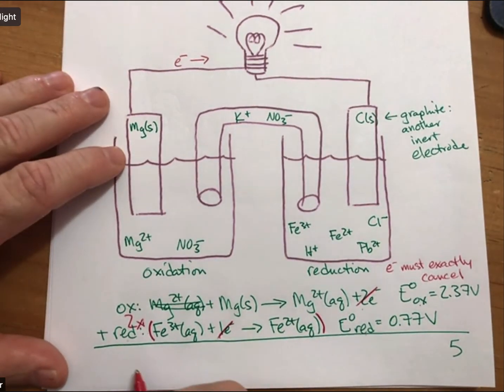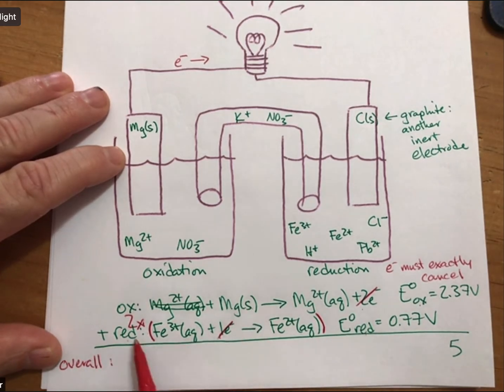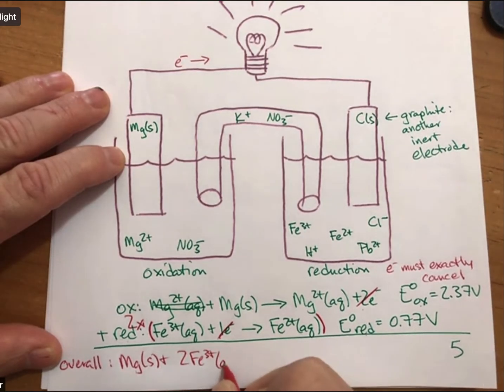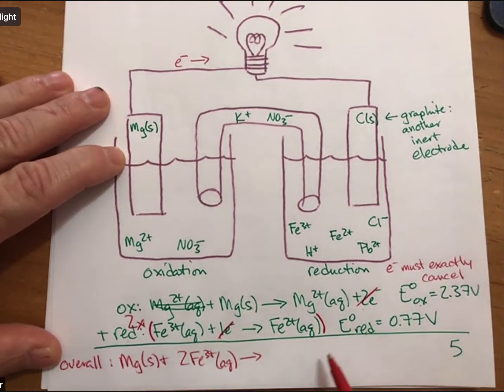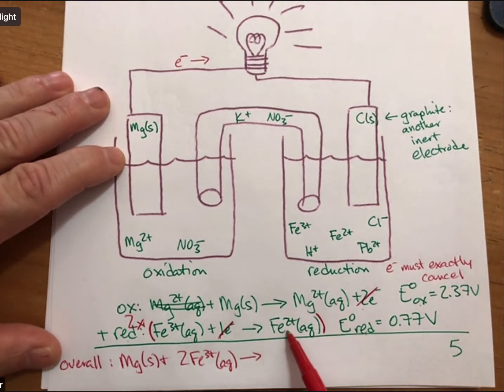But then if I have 2 times my electrons, that means my electrons will cancel out. And I have my overall reaction: magnesium solid plus 2 iron 3 ions goes to magnesium ion plus 2 iron 2 ion.